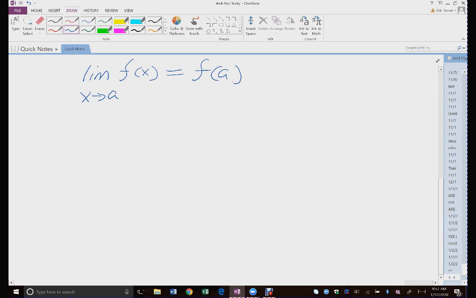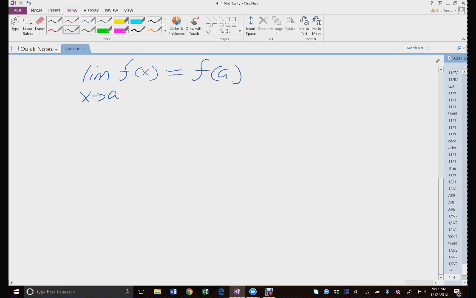So all of that must exist. There must be an output at that x value, so there must be a y that corresponds to that a value, and that y value must be equal to the limit.